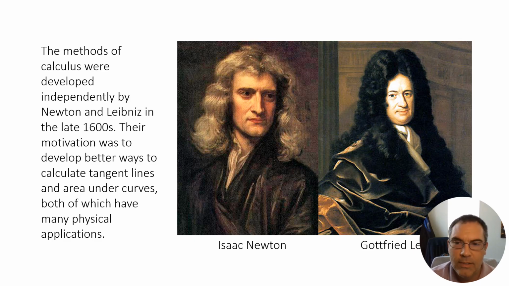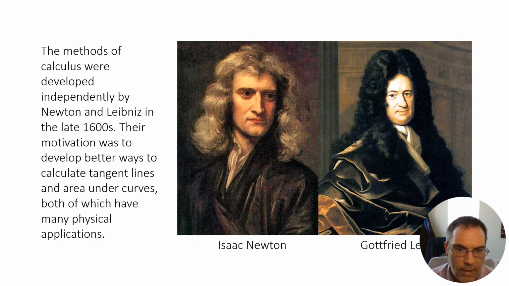Now, these gentlemen that you see on your screen are not members of an 80s hair metal band, but clearly they could have been. They are scientists who lived in the late 1600s and independently developed the methods of calculus that we're going to study.